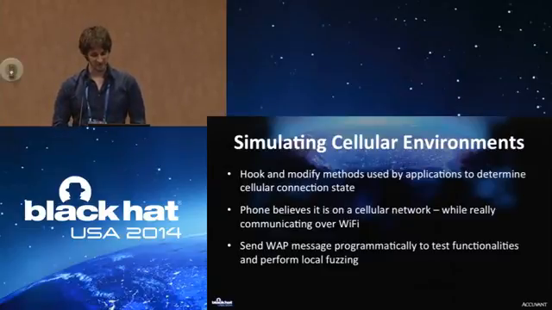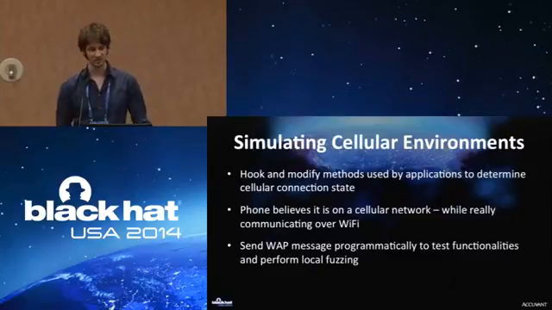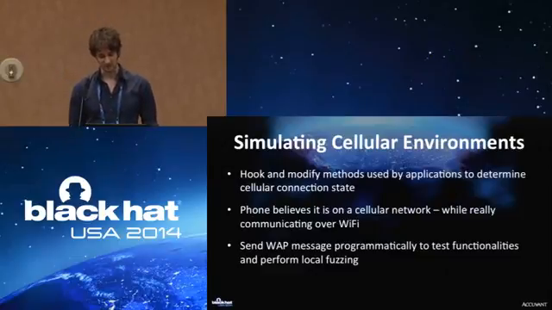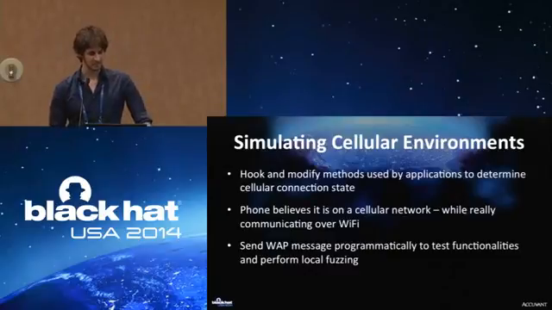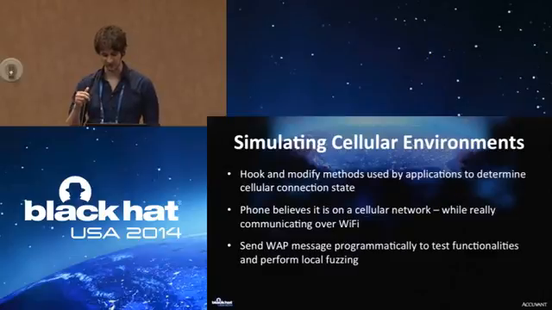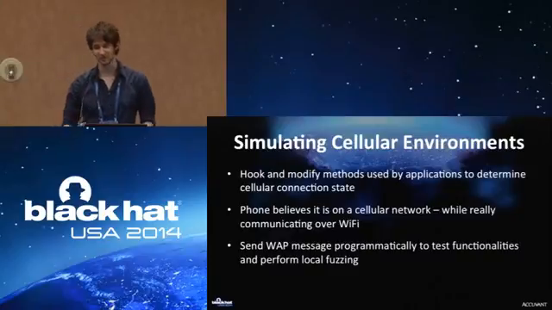So basically everything the phone checks to determine the network type, which is dependent on the application or system-wide, are functions that are hooked and allow really testing over Wi-Fi and sending heavy payloads. We also had a few tools to fuzz the application via WAP messages without actually using a cellular environment, without even using Wi-Fi.